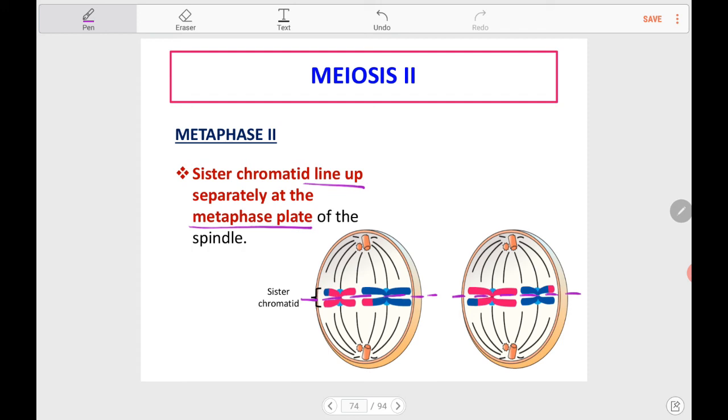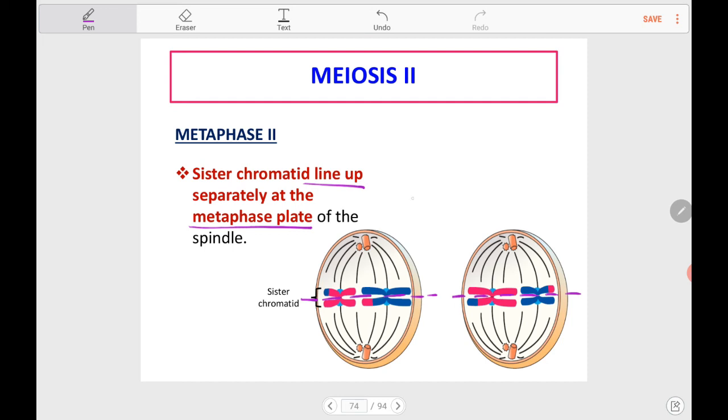Okay, so remember, during metaphase 2 of meiosis 2, individual chromosomes align at the metaphase plate, but during metaphase 1 of meiosis 1, it is the bivalent that align on the metaphase plate. The process of metaphase 2 of meiosis 2 is more similar to the process of metaphase of mitosis, sebab dua-dua involve lining up of individual chromosomes.